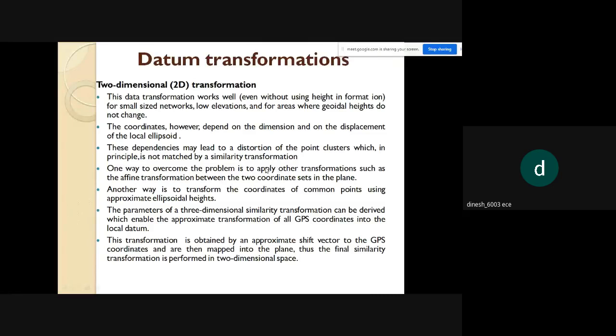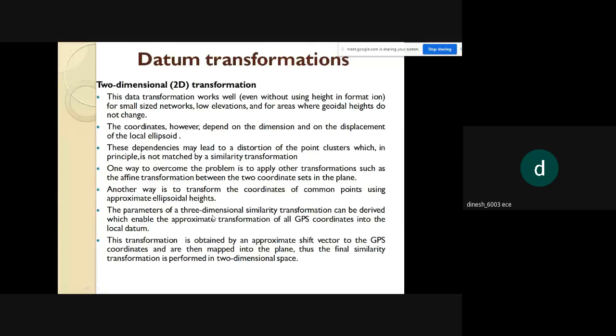So one way to overcome this problem is applying other transformations such as affine transformation between two coordinate sets in the plane. And there is another way also: to transform the coordinates of common points using approximate ellipsoidal heights rather than individual ellipsoidal heights.